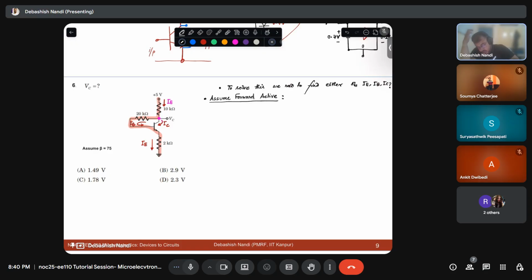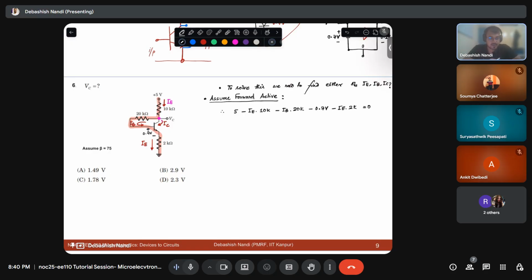So what we have, 5 minus IE times 10K minus IB times 20K minus there is a potential drop of 0.7 volt minus IE times 2K is equal to 0.